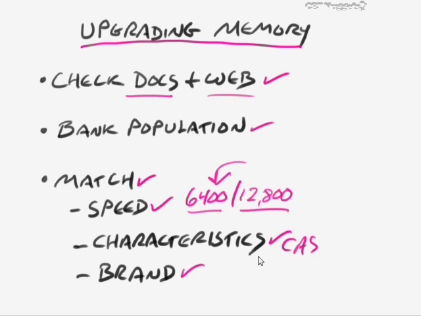And when you start up the computer after performing an upgrade, very often the system might recognize your existing memory, but not recognize the additional memory. And that would often be the case if the RAM is mismatched, so some of this stuff here doesn't match up properly. It might also be the case if the RAM is defective. That does sometimes happen, and I have run into that from time to time.